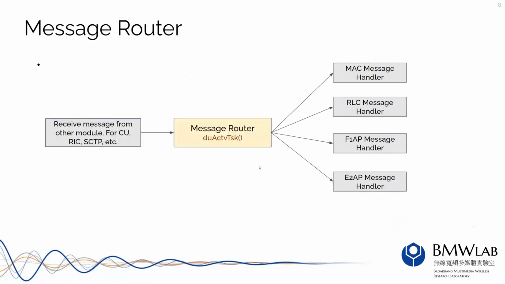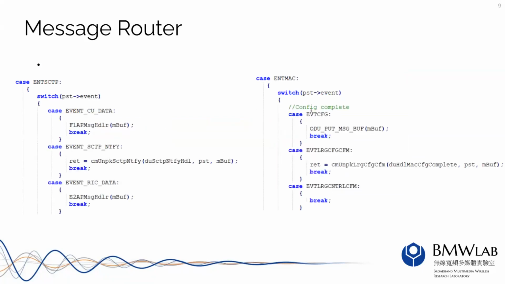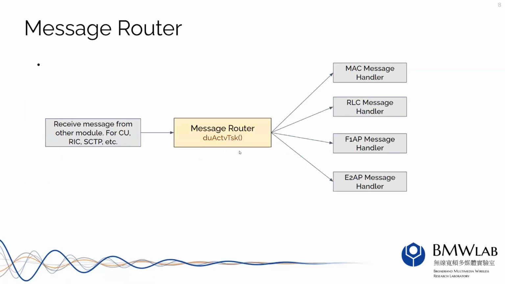About the message router, when the DU receives a message from another module, such as RIC or CU, the message router will handle it and identify what kind of message it is. After that, it will send the message to where it should go. So here's the section of the DU activity text in the source code in this function.